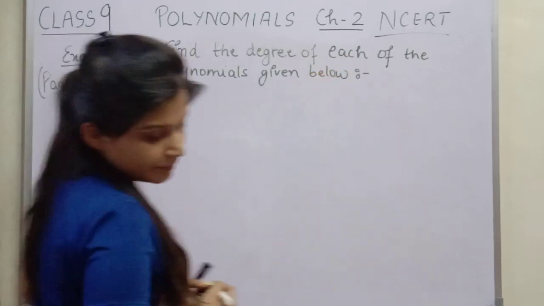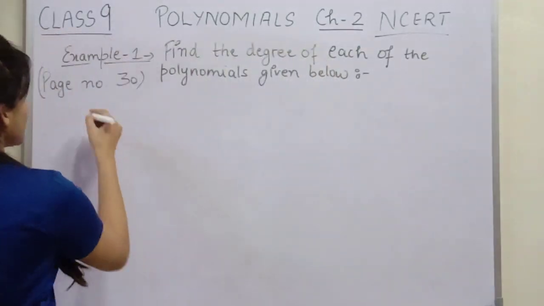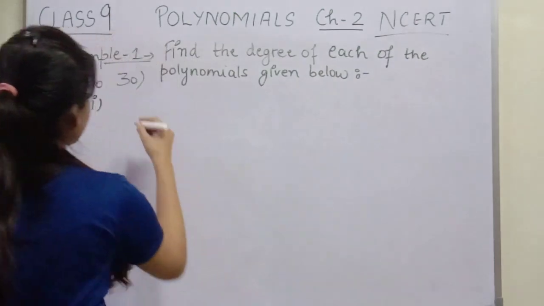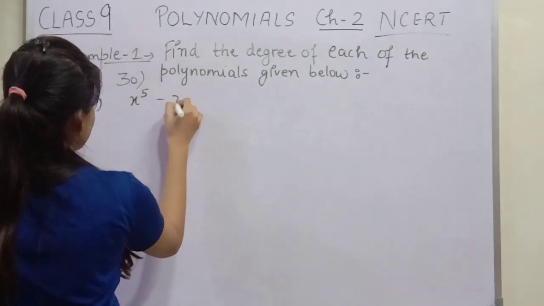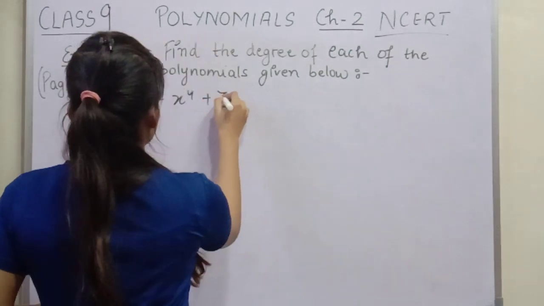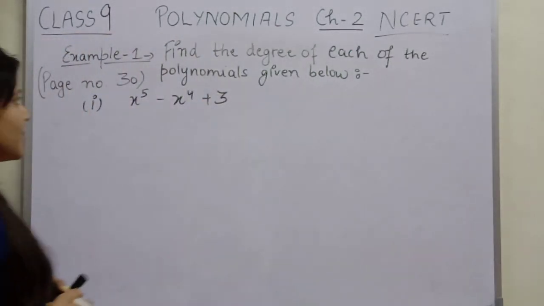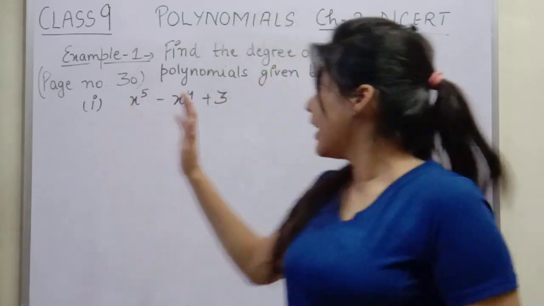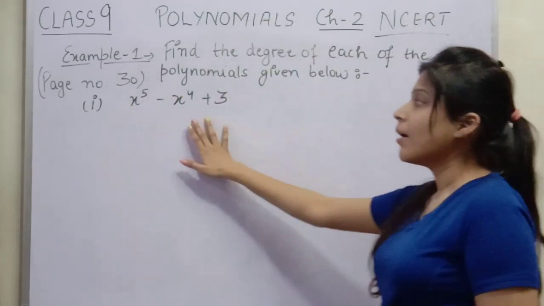Right. So the first part is x raised to the power 5 minus x raised to the power 4 plus 3. So this is our first part, and children, the example says that we have to find the degree of each of the following polynomials.